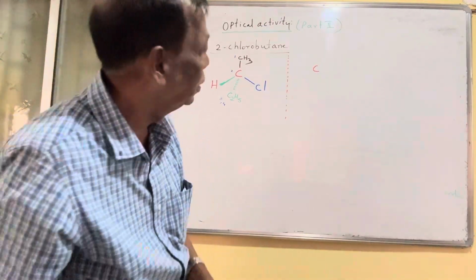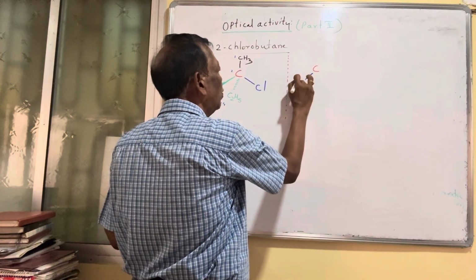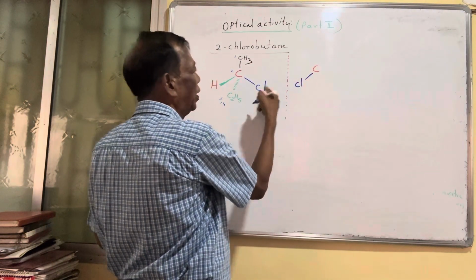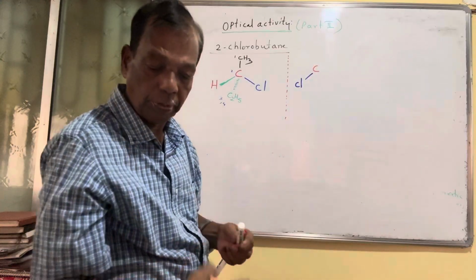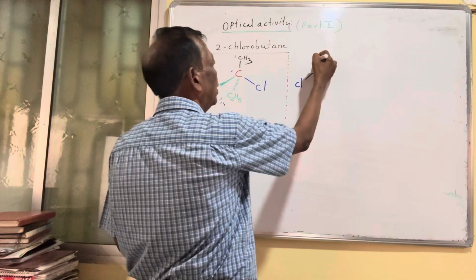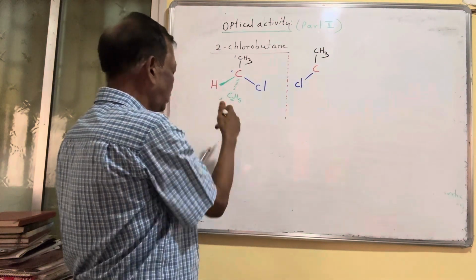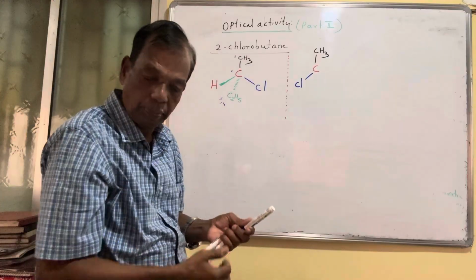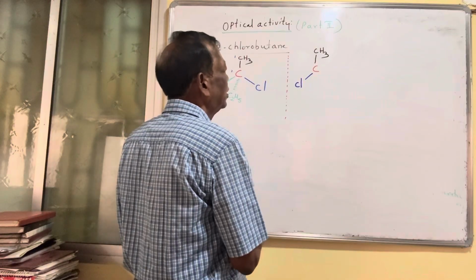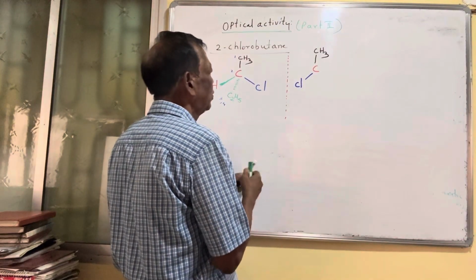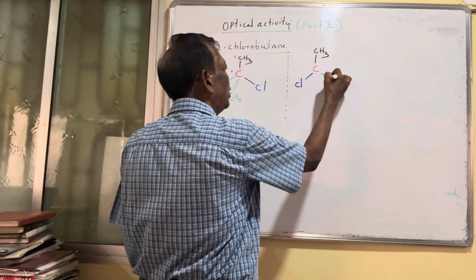So here, this will be chlorine, which is facing in front. This side is methyl. On top of it there is methyl. This is H, and this is away. This is facing towards you, the one which I have shown with the thick line, so we'll put it that way only.